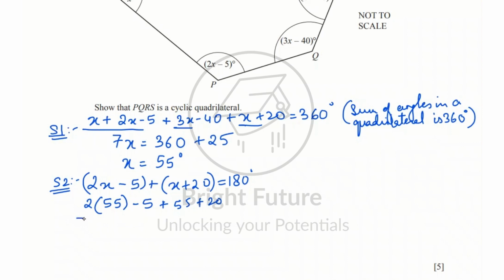Now this will give me 2 times 55 is 110, minus 5 plus 55 plus 20. Let's do the calculation.